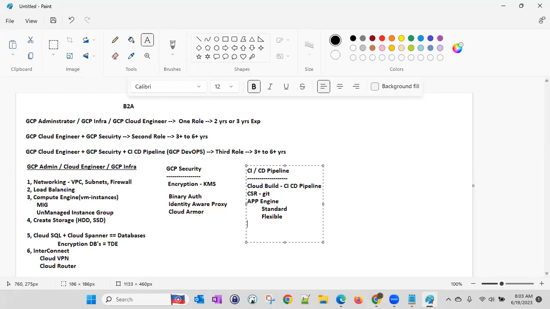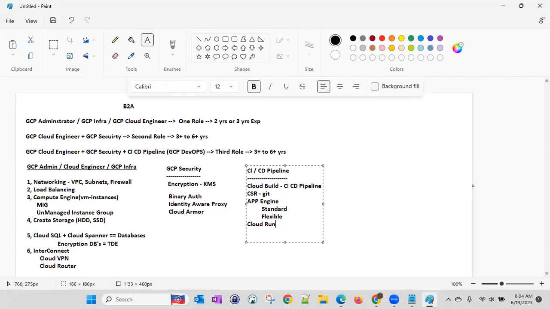For that reason, they built a new one that we'll call Cloud Run. In other clouds like AWS or Azure, we don't have this Cloud Run feature. We only have App Engine, standard and flexible, in AWS and Azure also. But Cloud Run is different.